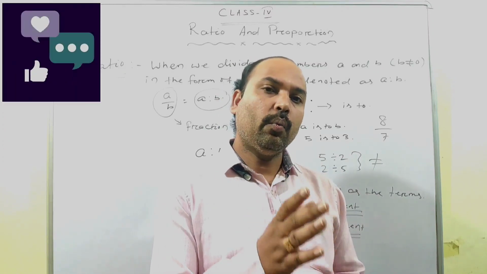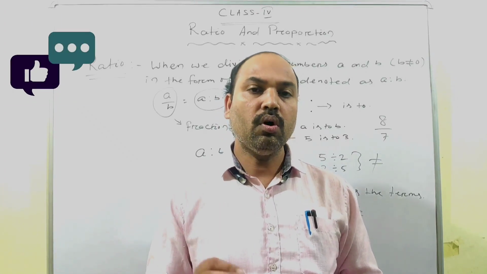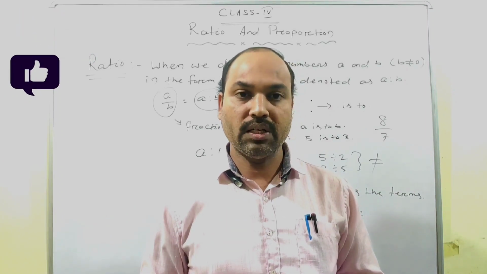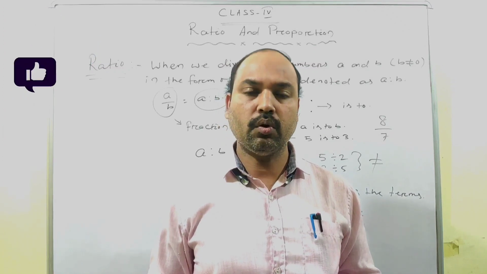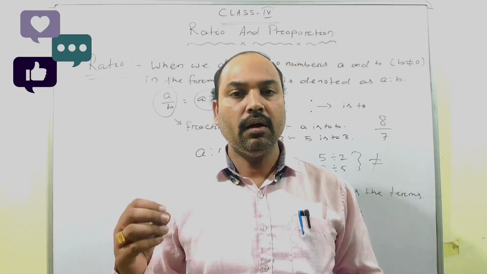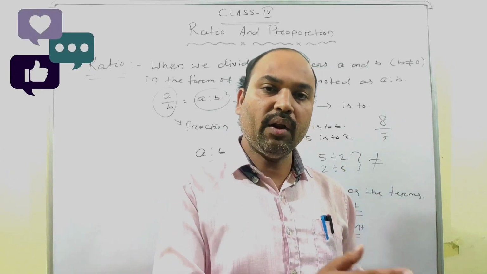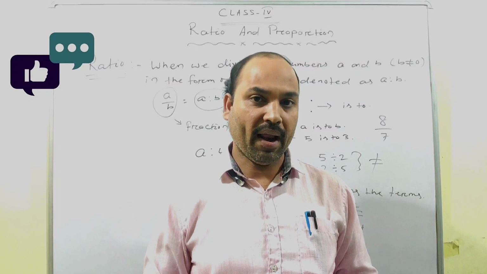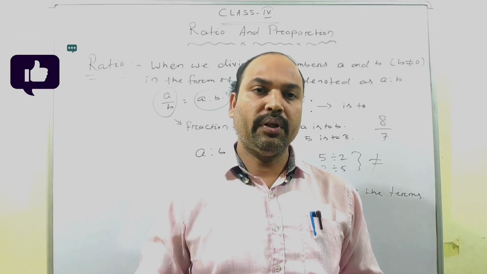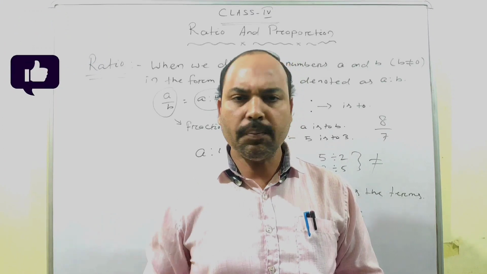A fraction or rational number is in its simplest form if there is no common factor other than 1 between the numerator and denominator, that is, the highest common factor between the numerator and denominator is 1.